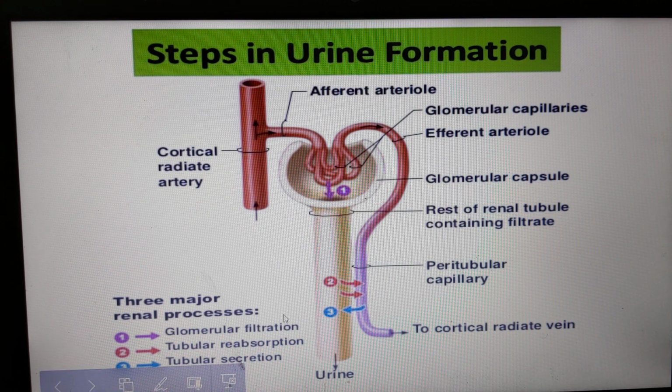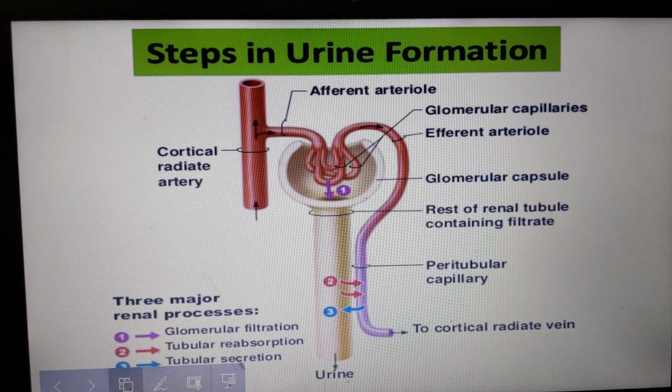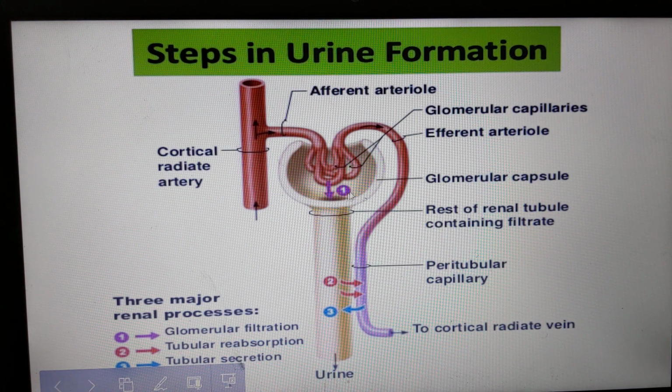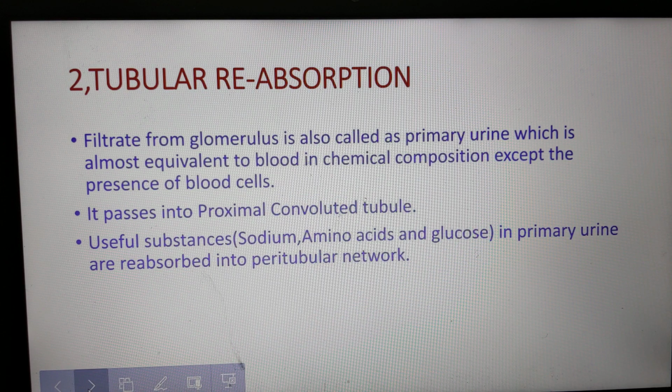So what happens in glomerular filtration? Blood flows from the renal artery to the glomerulus, and here it is filtered. The filtrate from the glomerulus is also called primary urine, whose composition is very similar to the blood but it does not have blood cells.